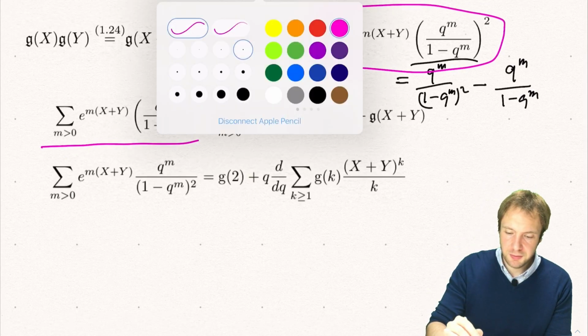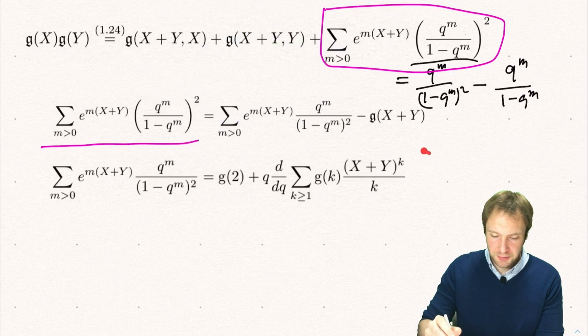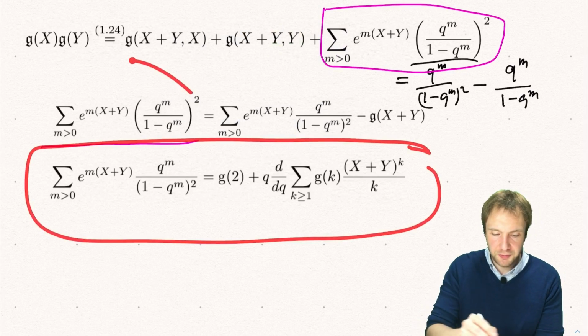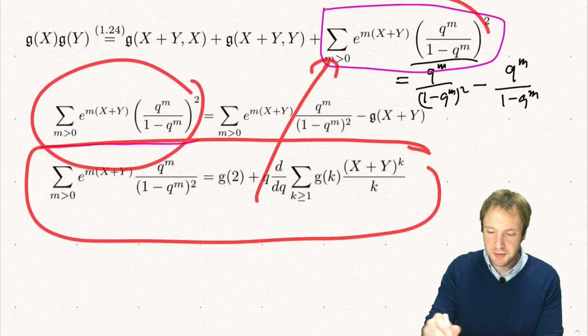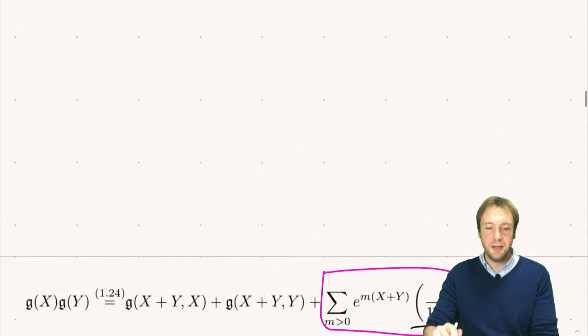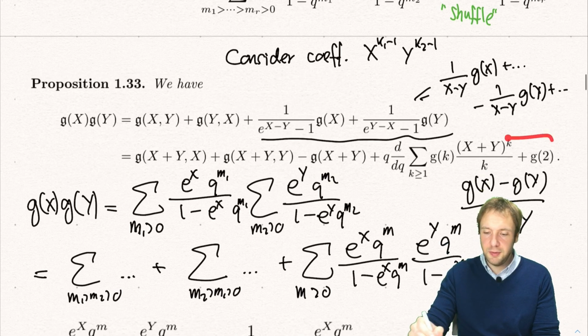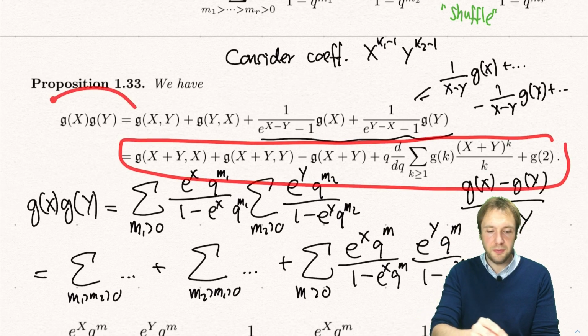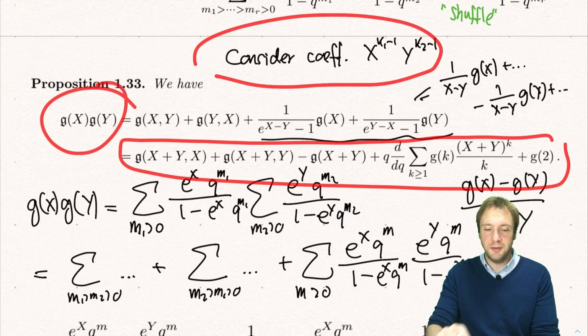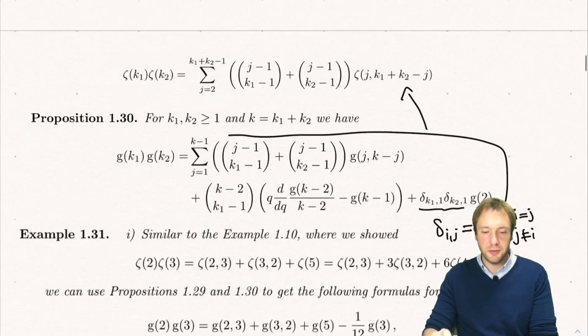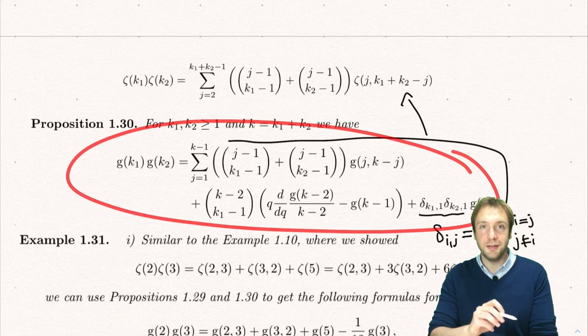Okay. So if we use this formula for this part here and put it in here and also have this extra term there, we get in the end this explicit expression for the product of these small g's, and then considering these coefficients we get this shuffle product formula we saw here.